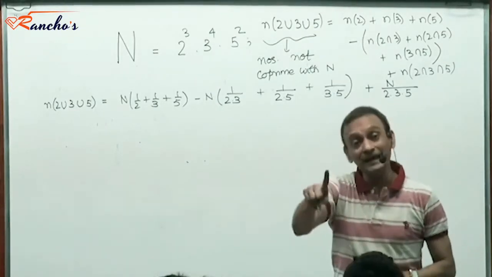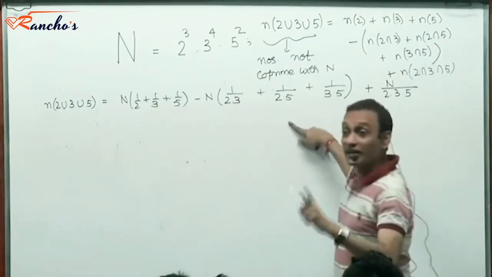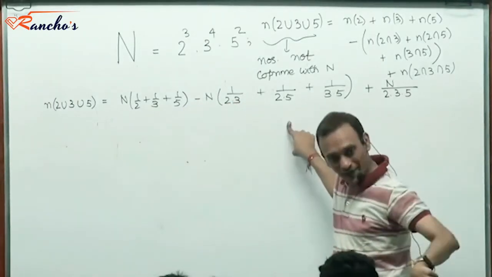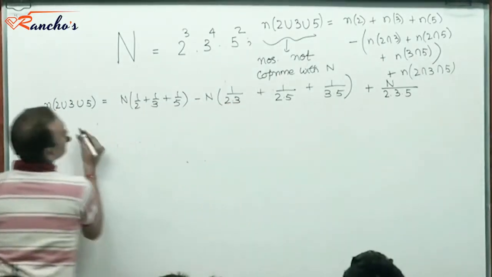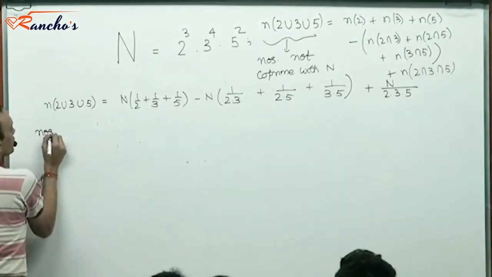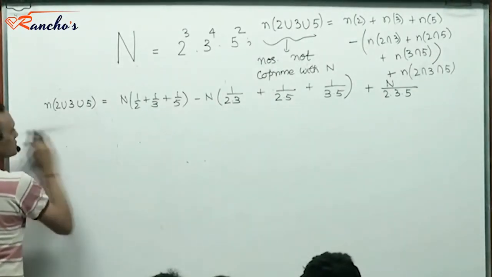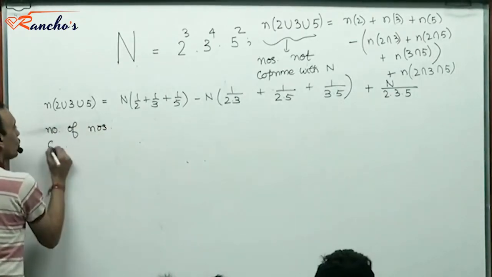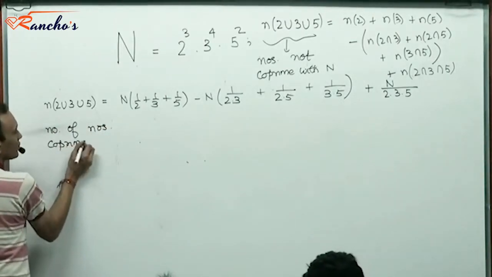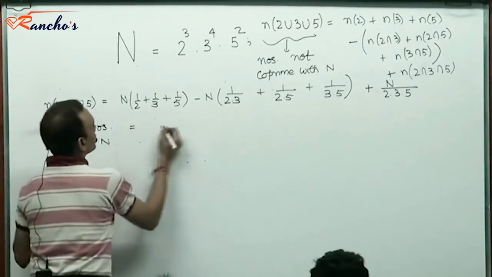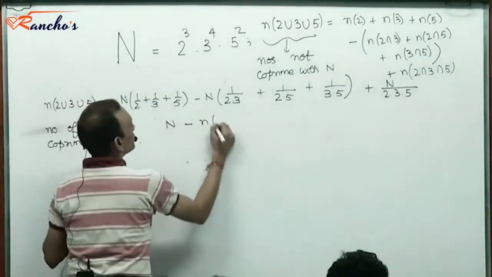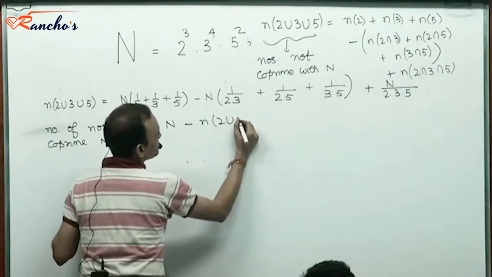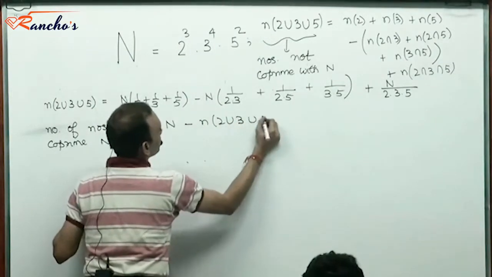And if I remove this from capital N, I'll get the number of numbers that are co-prime with n, which would be capital N minus those that are divisible by 2 or 3 or 5.